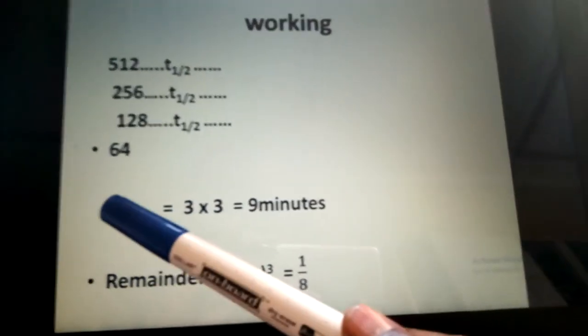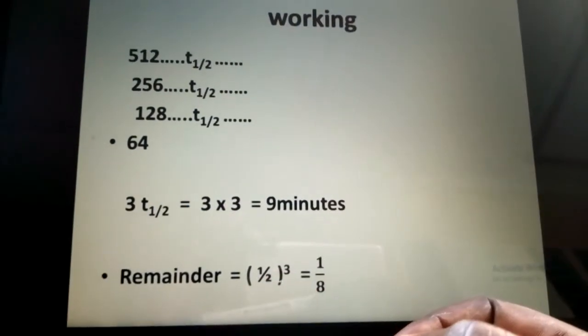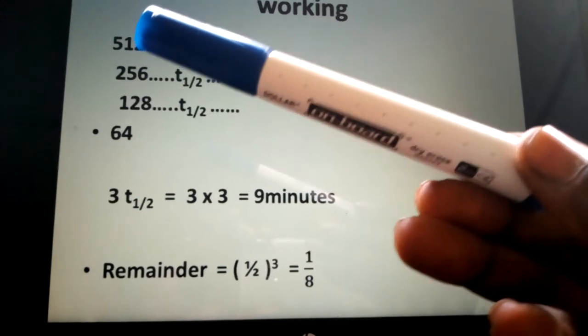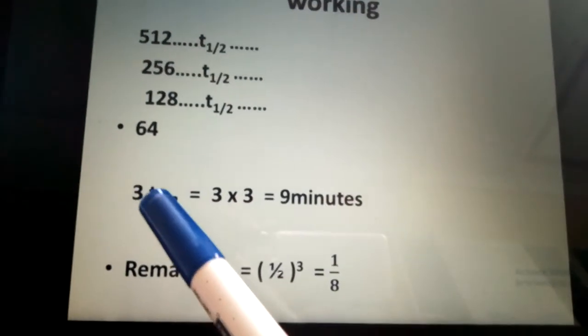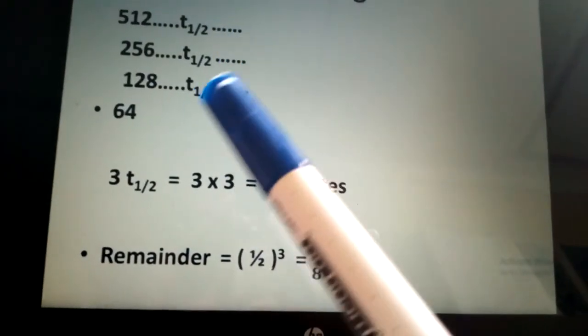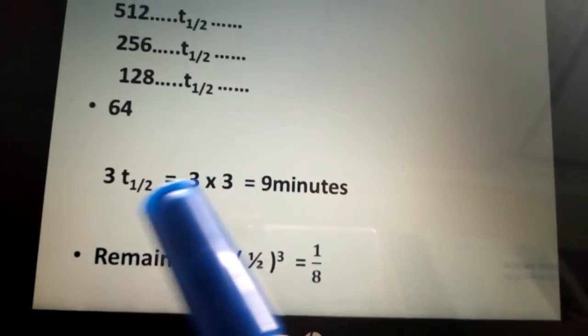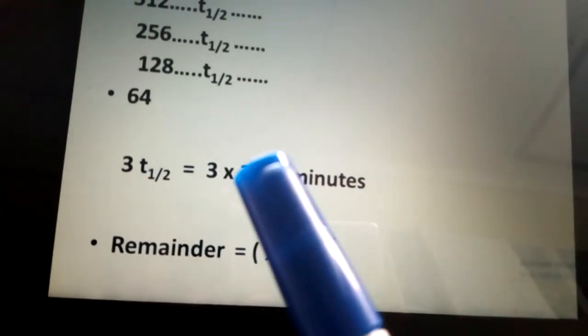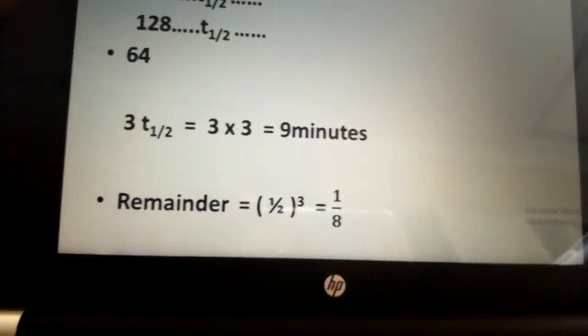So I write here, there are 3 half-lives that have moved us from 512 to 64. So the first 3 is showing the number of half-lives. The next 3 happens to be the half-life itself, which is 3 minutes, which gives us a total of 9 minutes.